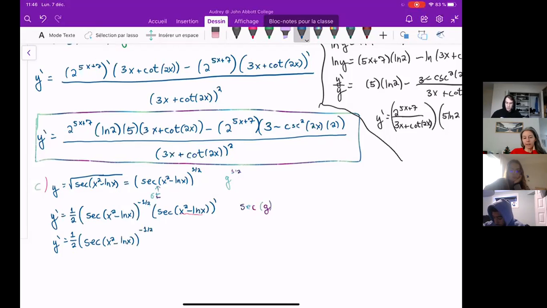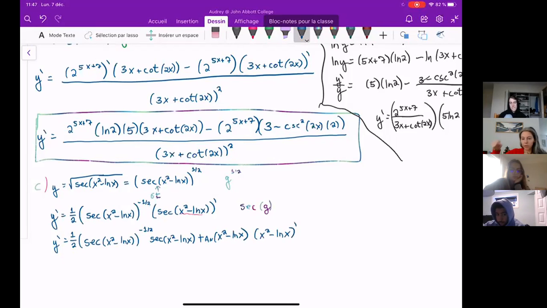You got it. So it's not secant x tangent x. Well, yes, it's secant x tangent x, but in this case, it's secant g tangent g. So that means I have secant of (x squared minus ln x) tangent of (x squared minus ln x) times the derivative of what's inside.